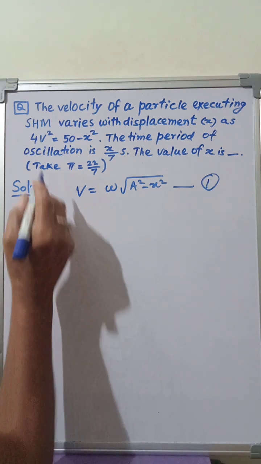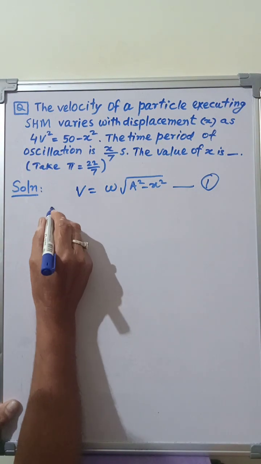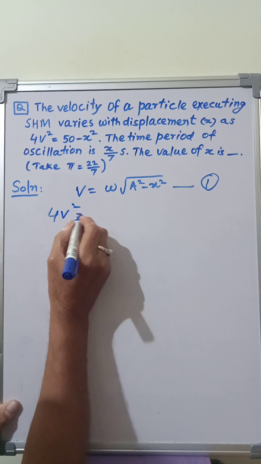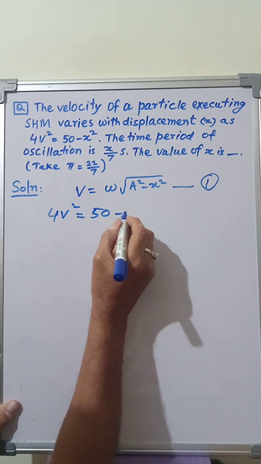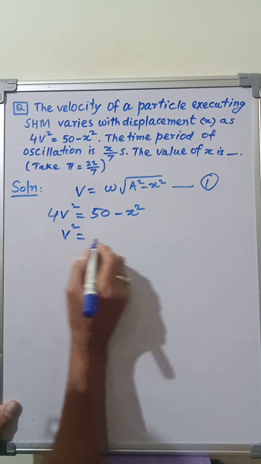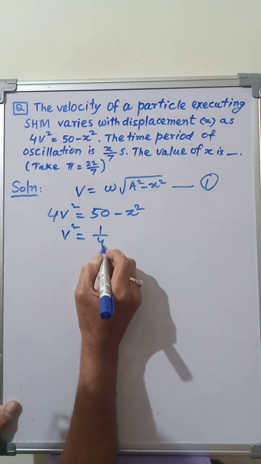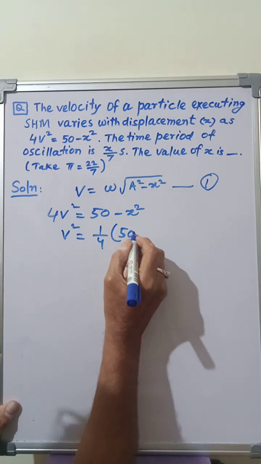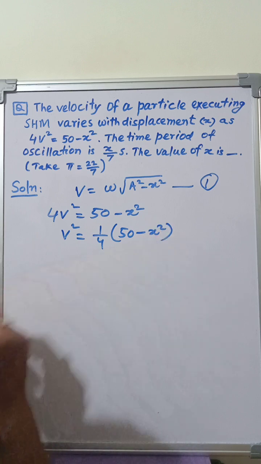In the question, the equation of SHM is given as 4v square is equal to 50 minus x square. Therefore, v square is equal to 1 by 4 into 50 minus x square.